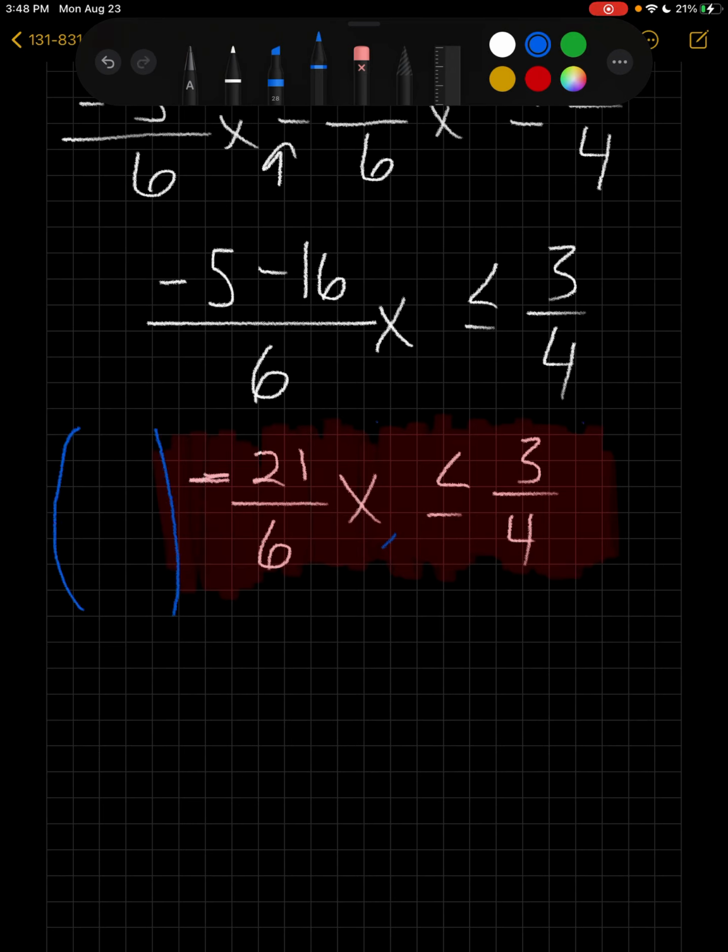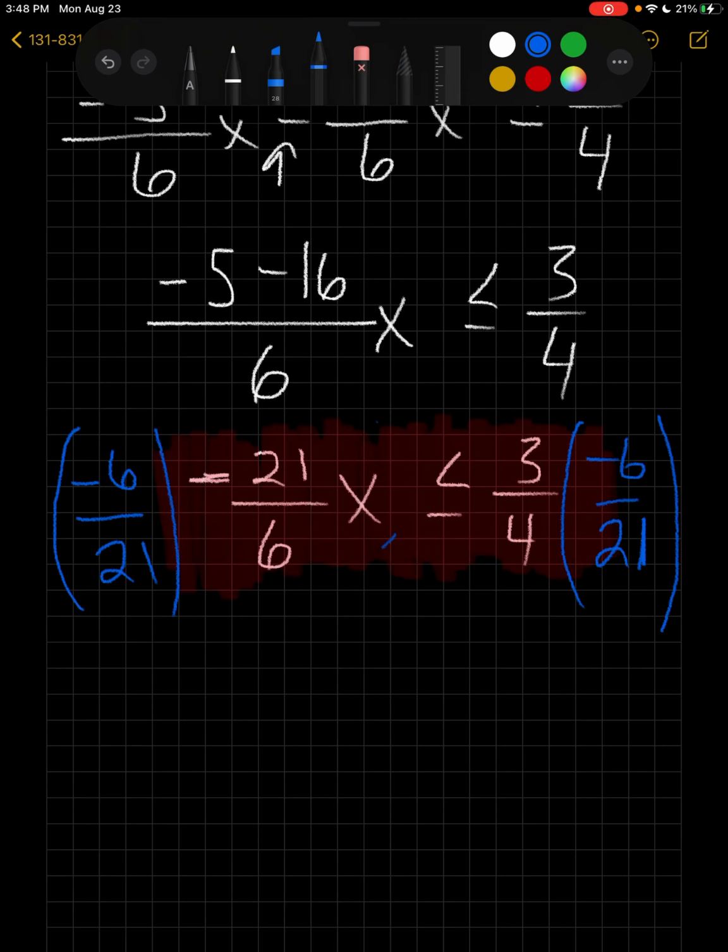I'm going to multiply both sides of my inequality by negative 6 over 21. I'm multiplying the same thing on each side. And I'm going to show you why I do that using the left-hand side first as an example.